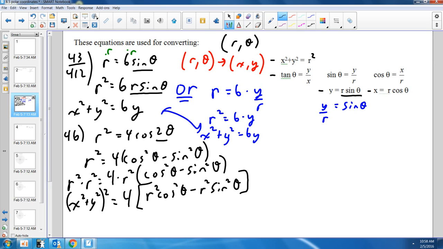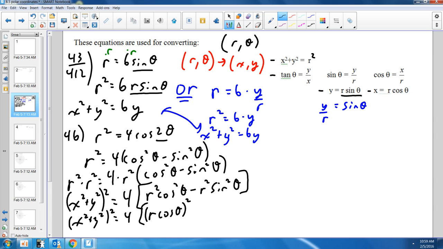And now, hopefully you can see that the right side is the same thing as r cosine theta quantity squared, right? This is r cosine theta times r cosine theta, which is r squared cosine theta squared. That's just the power rule.